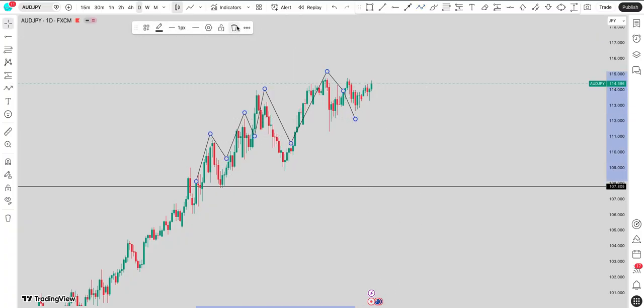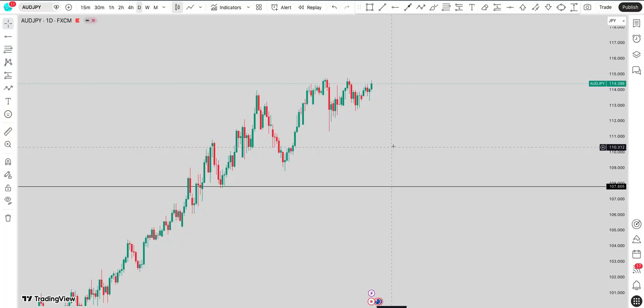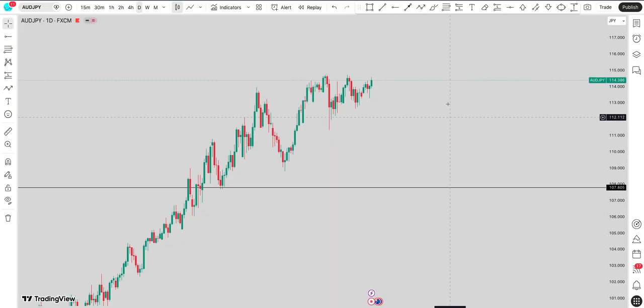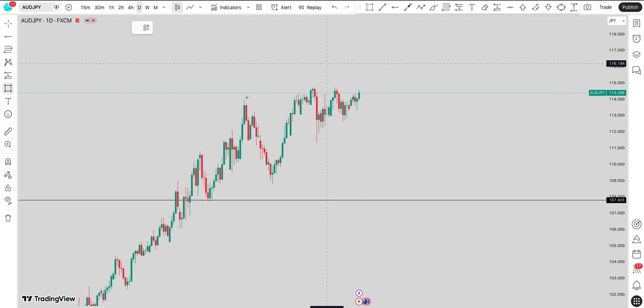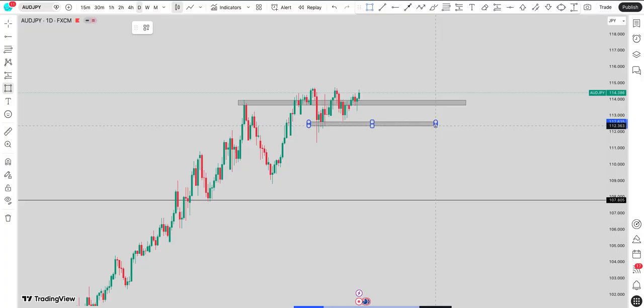So this is telling us that on our market structure time frame, we are also bullish. This was the previous high, this is the low, and this is our new high right here.